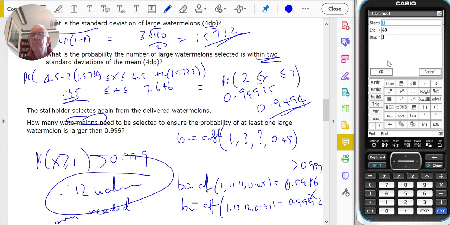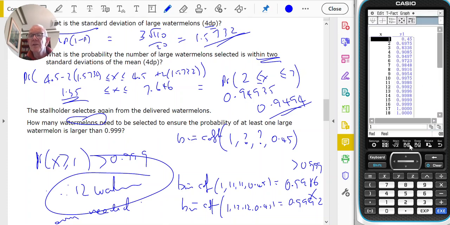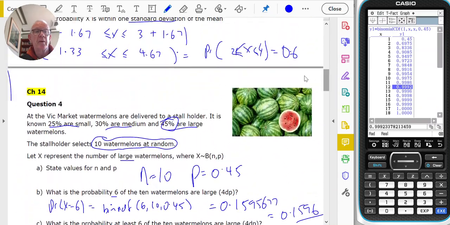I start at 1, go up by 40, that's okay. When I press my table, resize, I'm looking for the first time we are bigger than 0.999 and 12, same answer. So that's question number 4.